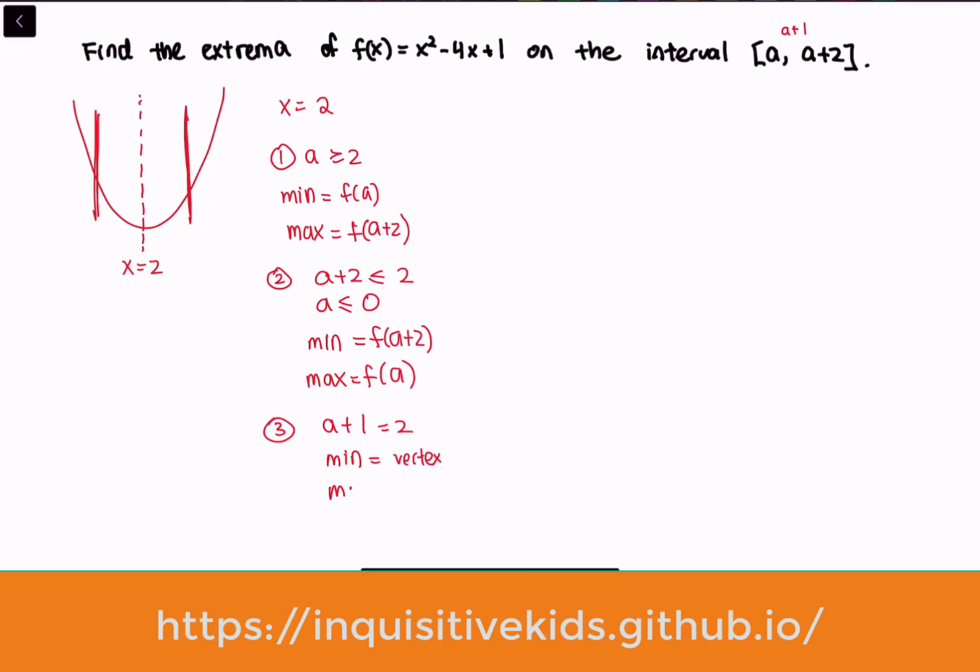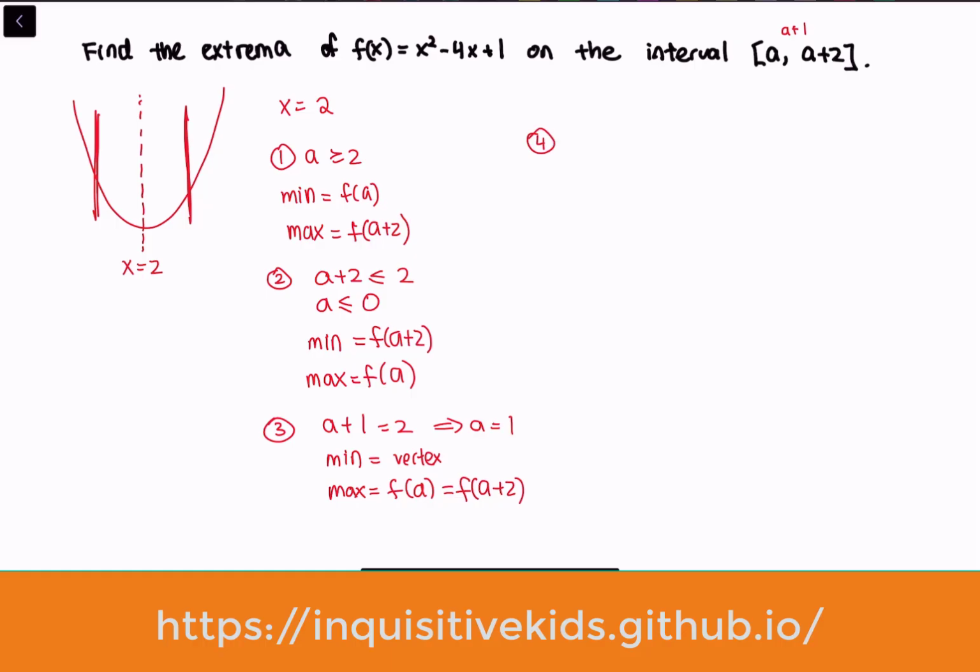And the maximum value is just f of a and f of a plus 2, because they would be equal. Also, in this case, a would be equal to 1.